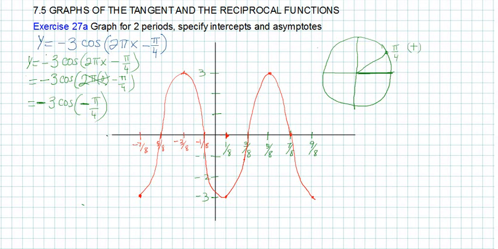And if you have another angle right here, negative pi over 4, it's the same x, so if x is positive, this one's also positive. So in this case, -3 cosine of pi over 4 is actually square root 2 over 2.